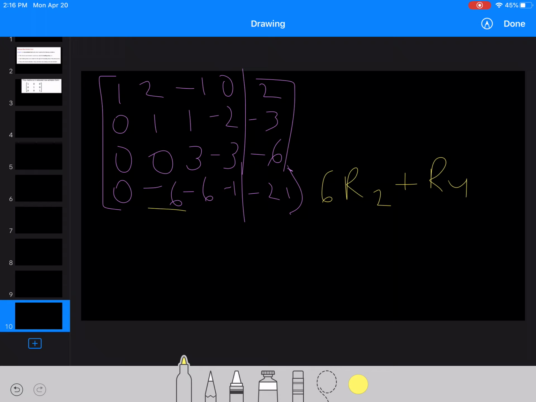So the only thing that changes is R4. The new matrix becomes, once we do this rule, we'll have 1, 2, negative 1, 0. So these rows, again, do not change.